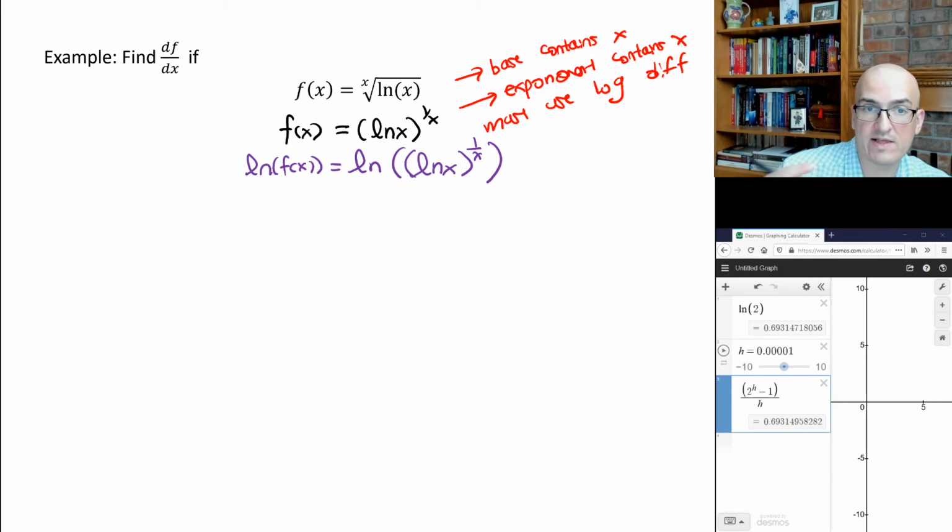I can bring that x down in front of the outer log function, not the inner one. Actually, I'm missing a bracket in some spots. I'm going to clean that up. I don't want to cause confusion by forgetting the brackets where they belong, or introducing extraneous colors.